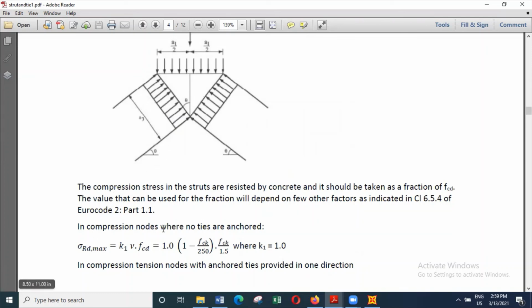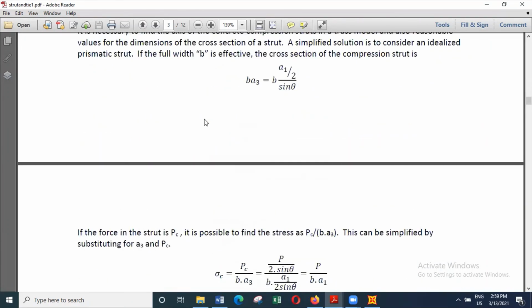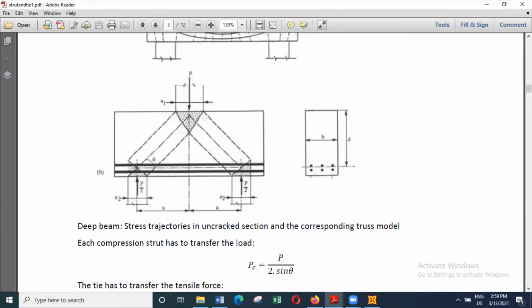So in compression nodes, where no ties are anchored, we call it a CCC node. So these compression, compression, compression is called a CCC node, whereas we call this a CCT node. So here you get compression, compression and tension.